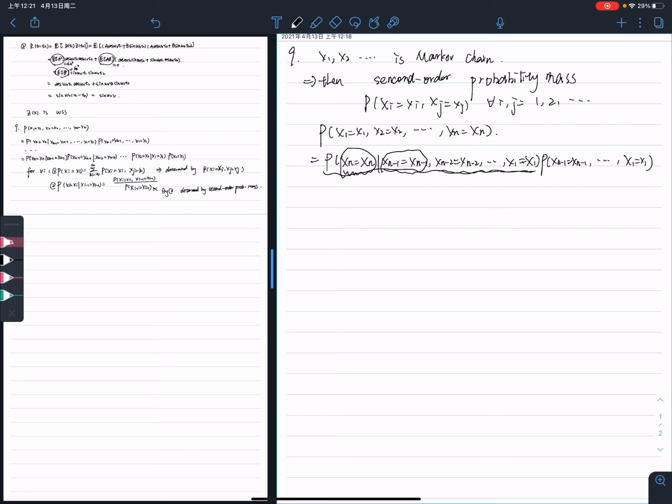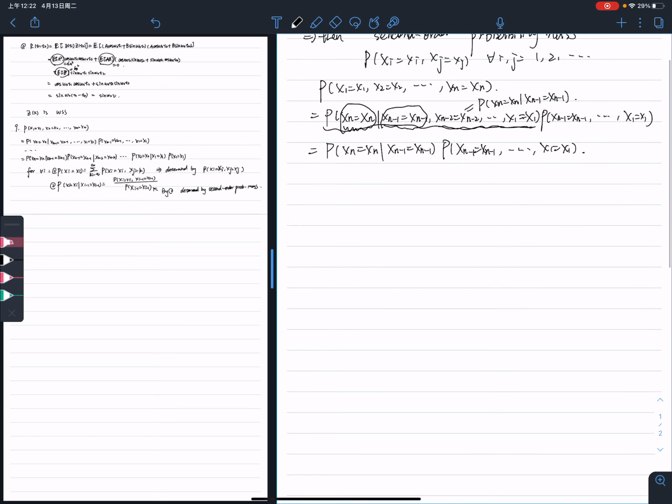So therefore it should be equal to P(Xn = xn | Xn-1 = xn-1). So it can be simplified into P(Xn = xn | Xn-1 = xn-1) times P(Xn-1 = xn-1, ..., X1 = x1).